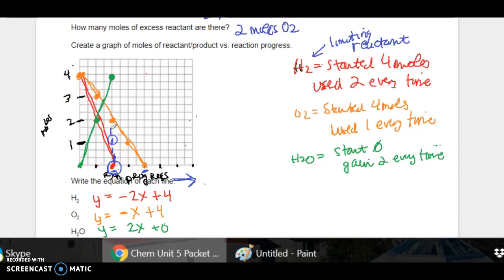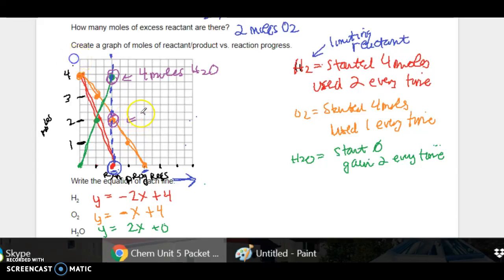So we're going to draw a vertical line here, and that is going to show me when the reaction stops. Let's see what else this graph can tell us. If the reaction stops at this point, water is going to be at 4.